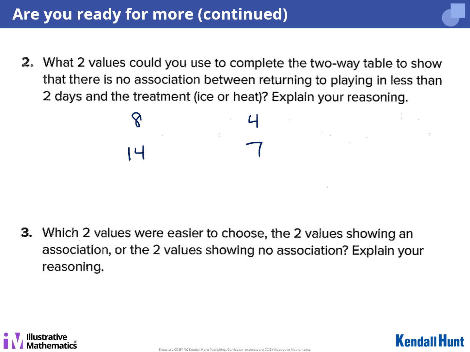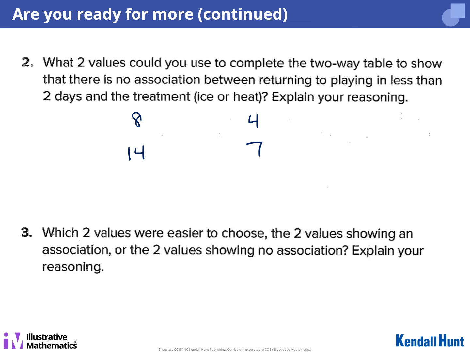Looking at this, it didn't matter if we're treating with ice or treating with heat. Twice as many students can still return in less than 2 days, whether treated with ice or heat.